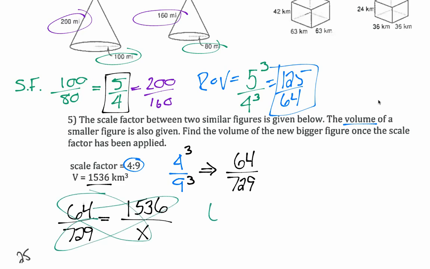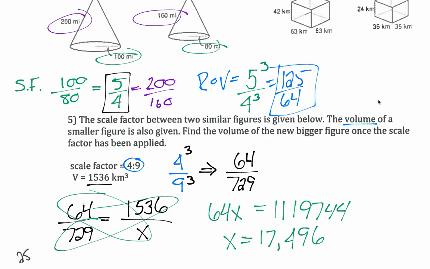Solving our cross products, we get 64x equals, this is going to be a big number, 729 times 1536. Let's divide that by 64. X is 17,496.